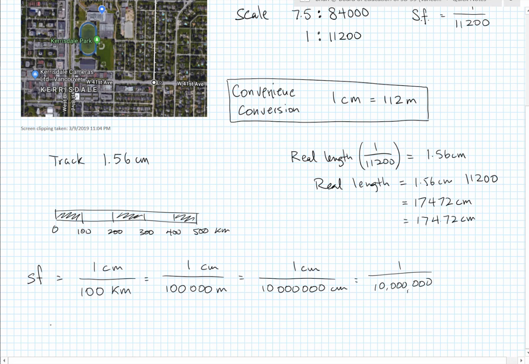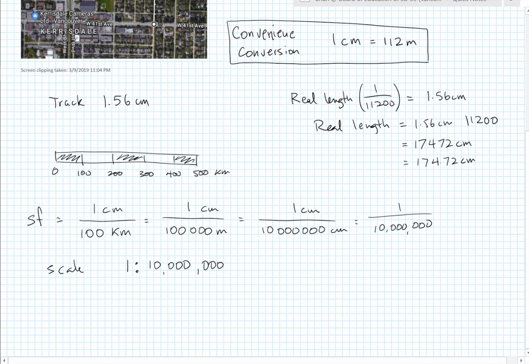And our scale, which you would commonly see on a map, expressed in ratio form, would be 1 to 10 million. And so again, we can use that with whatever unit we like. We can say that 1 millimeter, as measured on our map, is equivalent to 10 million millimeters, and 10 million millimeters is the same as 10 kilometers.